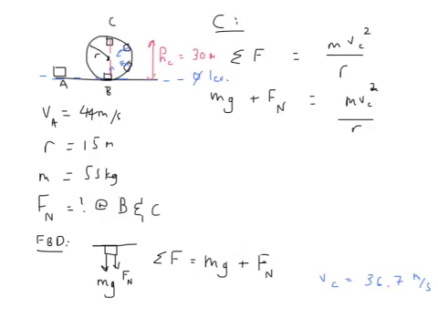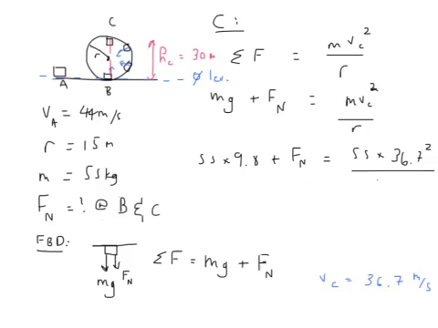Okay, then here we are. I took that away, and I can plug in mass times 9.8 plus the unknown, the normal force, Fn right there, is equal to 55 times vC squared, that's the 36.7 that I found.